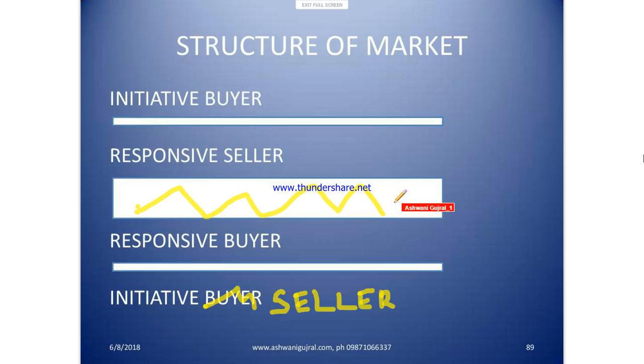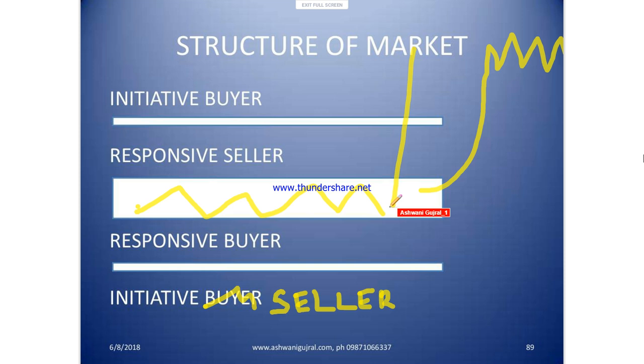But when there is news or other kinds of buying, this range is broken out and now the initiative buyer takes control and he is trying to take this equilibrium to a higher level.